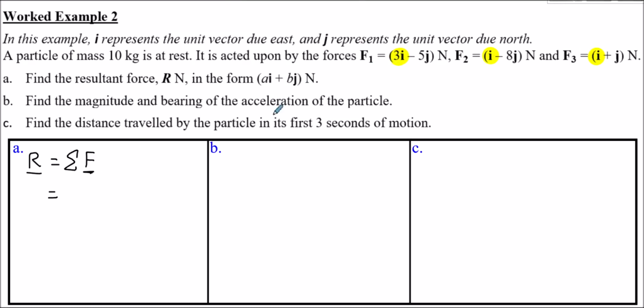So we have 3 plus 1 plus 1 lots of i, and then we have, as well as that, j components to consider as well. So the j components, we've got a minus 5j, a minus 8j, and plus 1j at the end. So we've got minus 5, minus 8, plus 1 j.